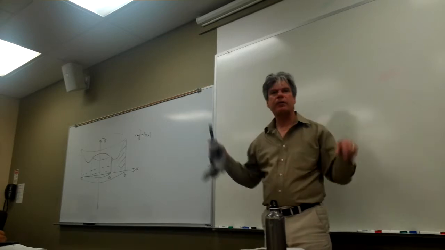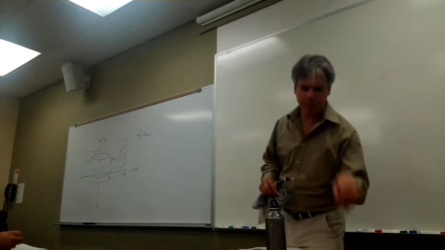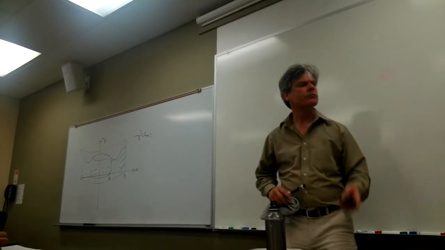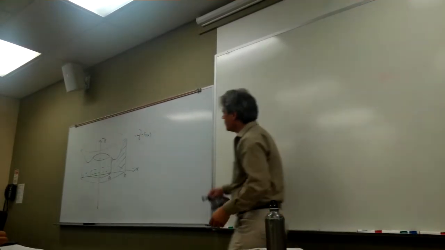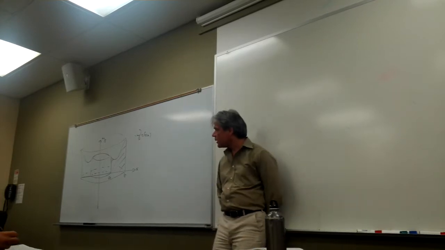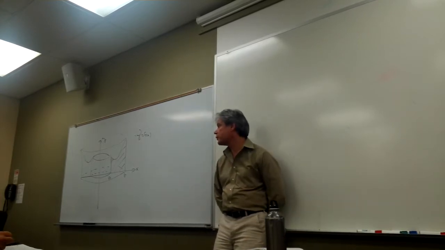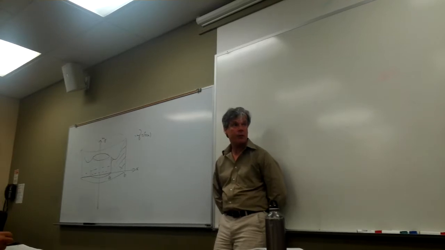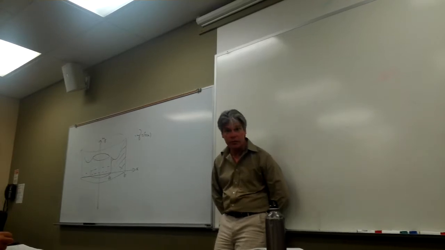And again, you've got to forgive me for my drawing. I'm revolving my region about the vertical y-axis, but I'm doing it in a very different fashion than I did last time in class with the washer method.